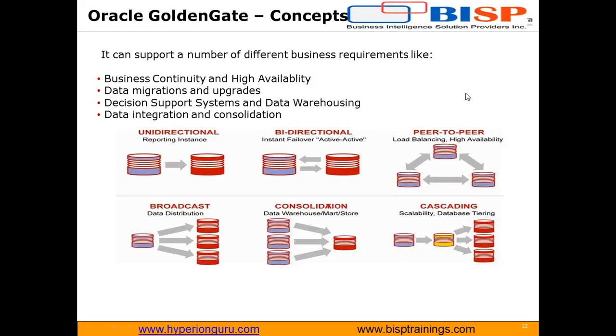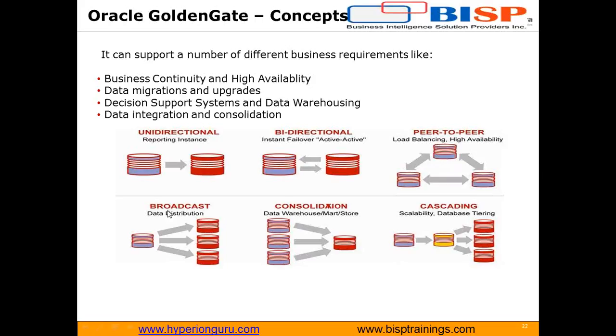So both will act as source and both will act as target. You could also choose peer-to-peer load balancing, in which you will have say 3 peers, A, B, C. So you can replicate the data from A to B, B to C, and C to A.